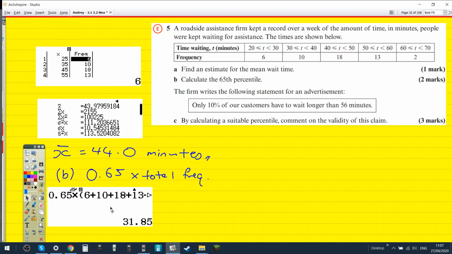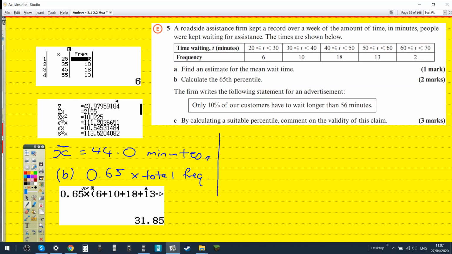And so that means it's the 31.85th value. So the way I do it is in terms of x. So we're trying to find, so our 44.0 for the previous one was one of these up here. So we'll start with our x. I'll just call it p65.